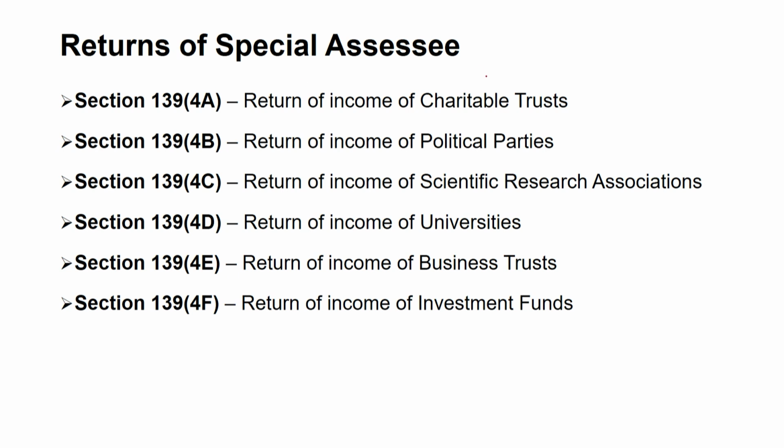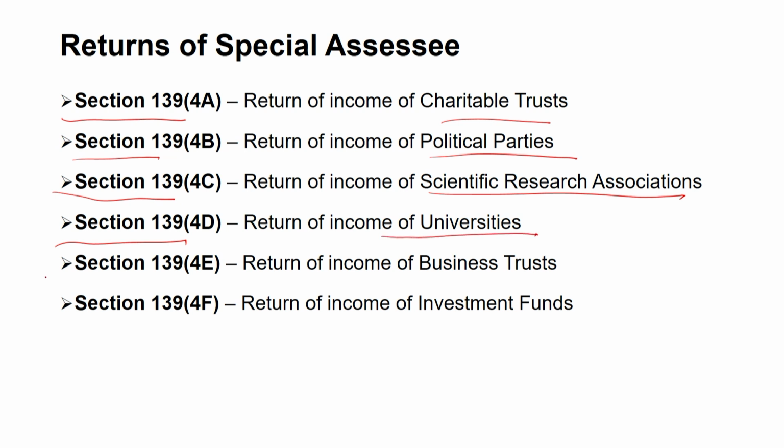The returns of the special assessees are filed under section 139(4A) for charitable trusts, section 139(4B) for political parties, 139(4C) for scientific research associations conducting R&D, section 139(4D) for the income of universities, section 139(4E) for business trusts, and 139(4F) for investment funds. So these are some special assessees for whom separate sections have been prepared for the purpose of filing of return.